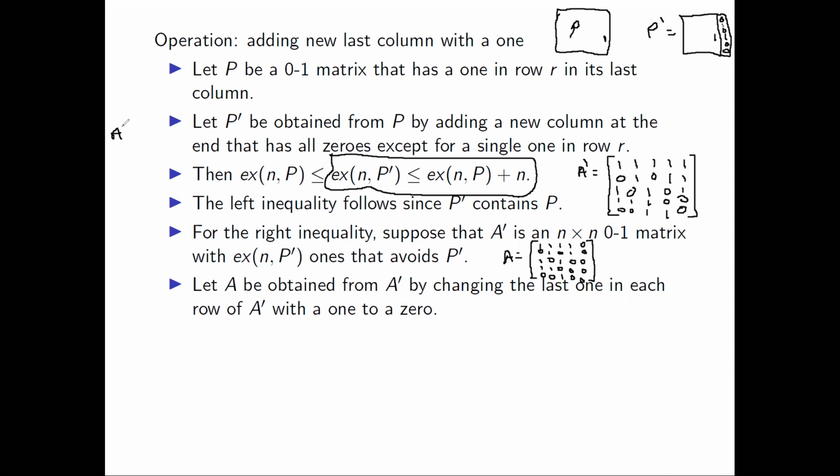If we have an A prime here, here would be the A. So top row, we just change the last entry to a 0. Second row, we change the second entry to a 0. Third row is unchanged because it didn't have any 1s. So those are just 2 examples of this operation.